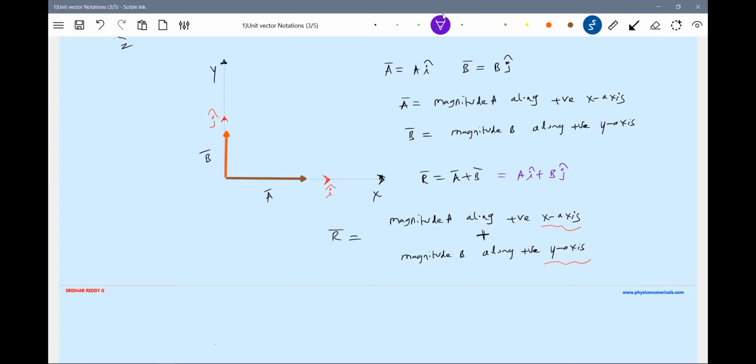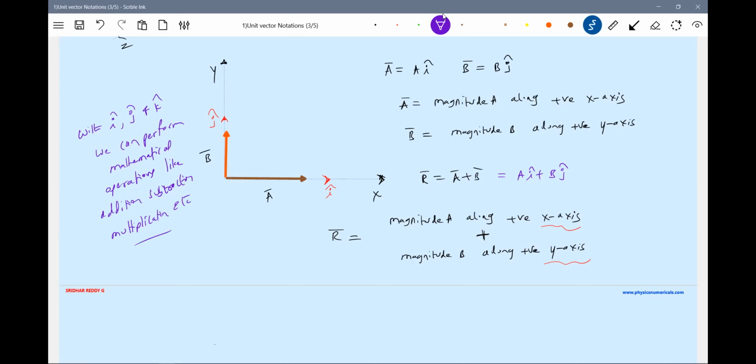Yes, we can do mathematics. So with the unit vectors i cap, j cap, and k cap, we can perform mathematical operations like addition, subtraction, multiplication, and so on.